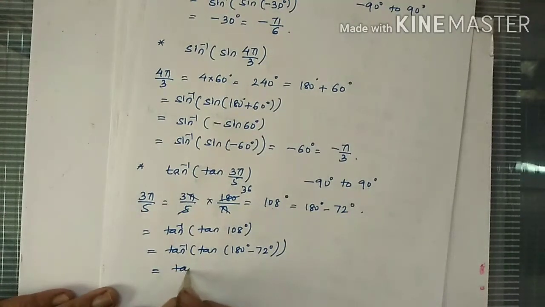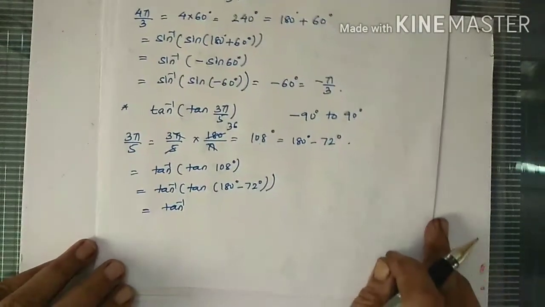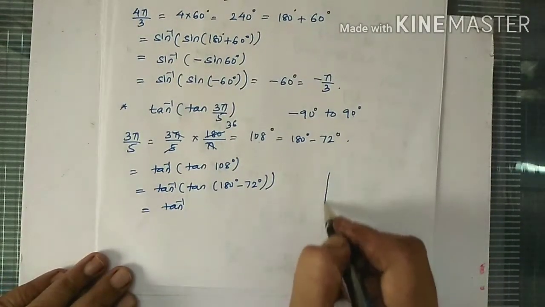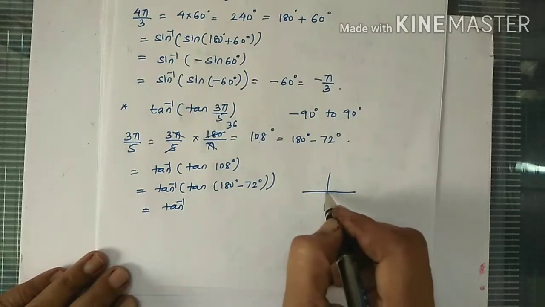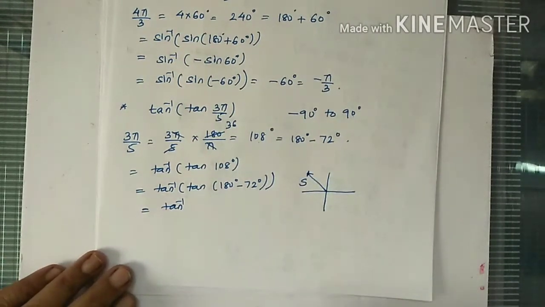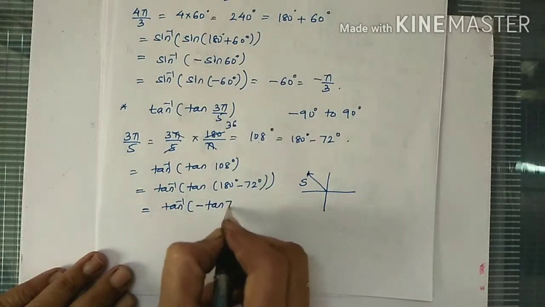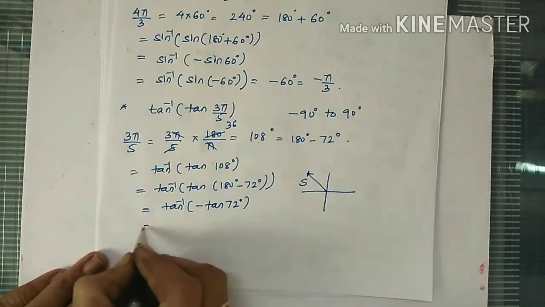Now tan inverse of tan of 180 minus theta. Tan of 180 minus, ratio does not change for 180, but 180 minus lies in second quadrant where sine is positive. So tan becomes negative, minus tan of 72 degrees.